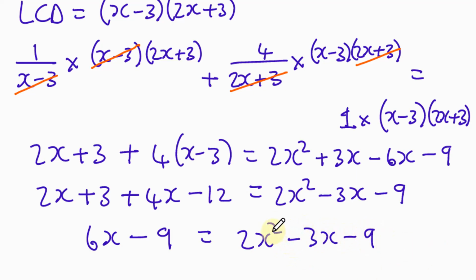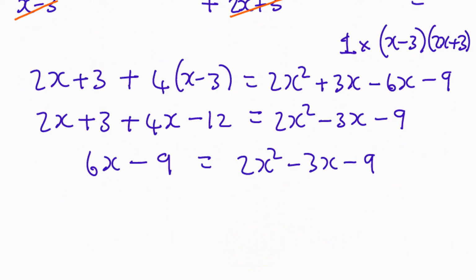We want to keep the term in x squared positive, so we're going to flip the equation, and bring the terms on the left-hand side to the right-hand side. So 6x across will give us negative 6x, and negative 9 across will give us positive 9.